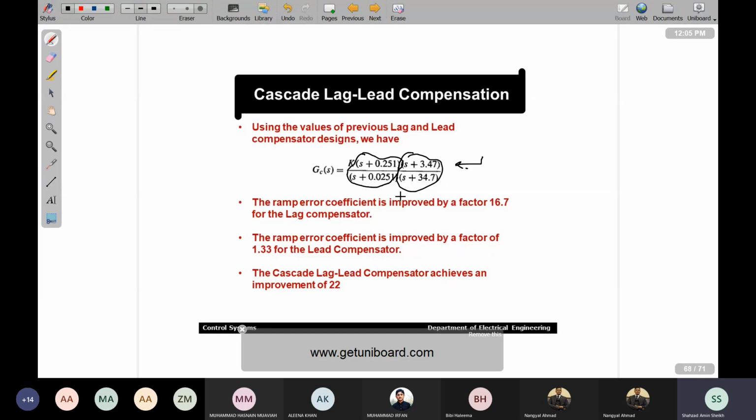The ramp error coefficient is improved by a factor of 16.7 for the lag compensator.